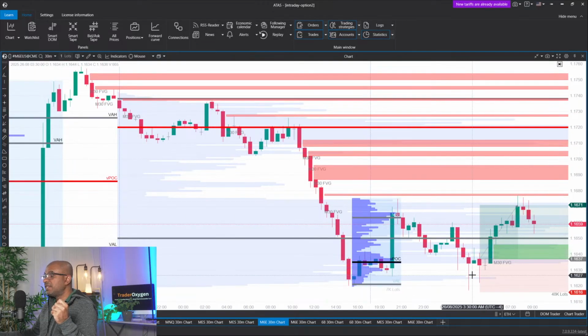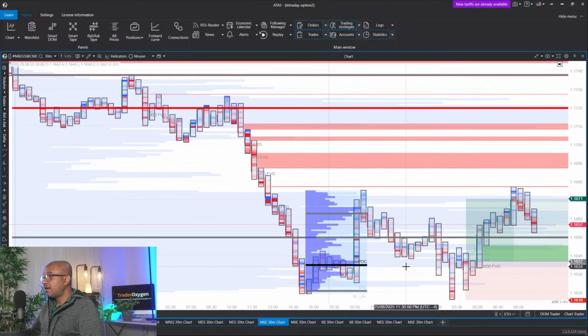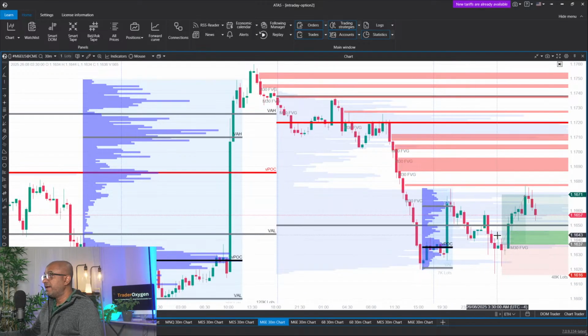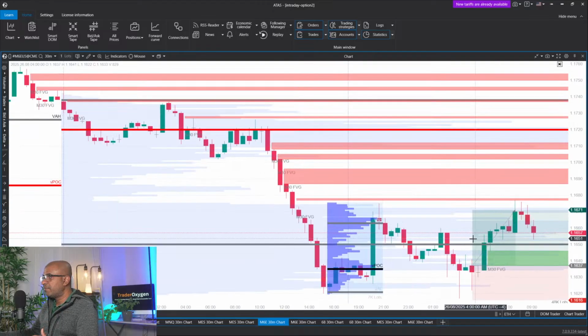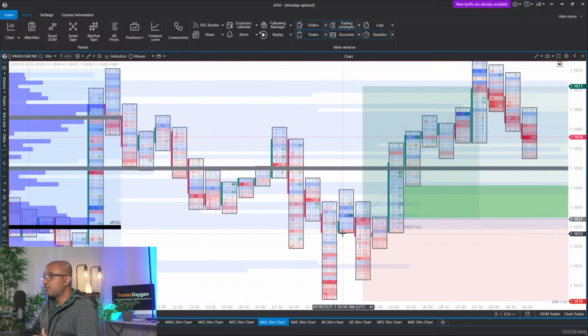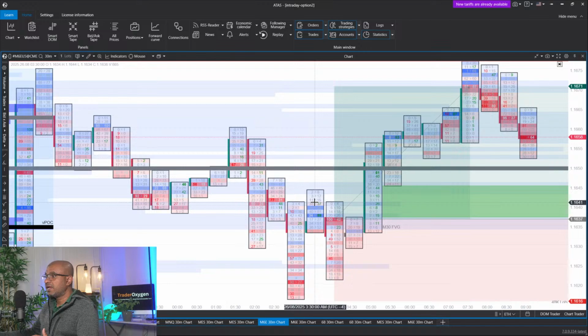Once we see that, what we did after that was we waited to see what the next candle would do. This is the 30-minute chart of Euro FX futures. We waited till the next candle completes, the one after that. While that candle was being completed, we looked into the footprint of that candle, which is over here.